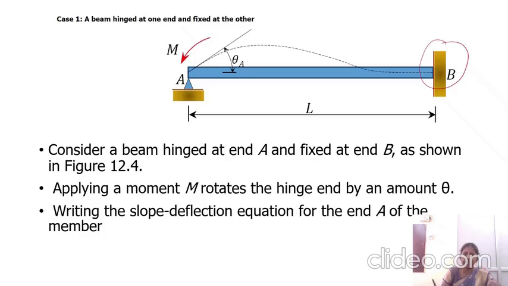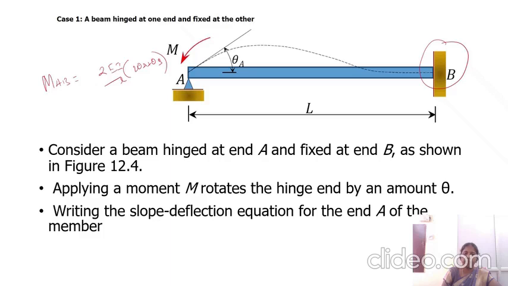So we can write the slope deflection equation at A: MAB equal to 2EI by L into (2 theta A plus theta B). The support sinking component I have left out, because we are going to compare only these three.